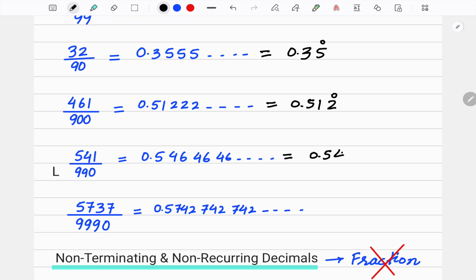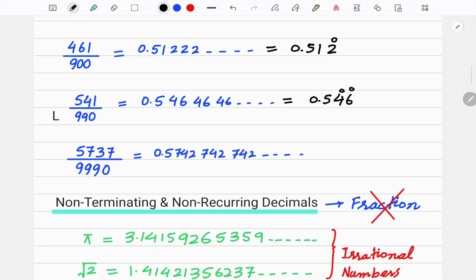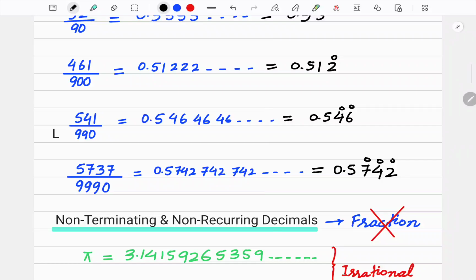In 0.5464646, as 4 6 is repeating, we will put dots on 4 and 6. Here 742 is continuously repeating, so we will write 0.5 and 742 is the repeating part, so we will put dots on 742.